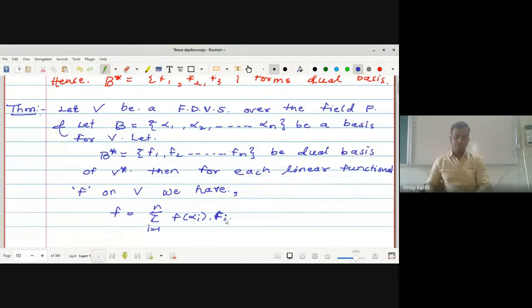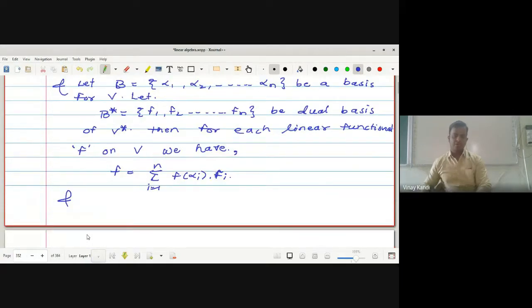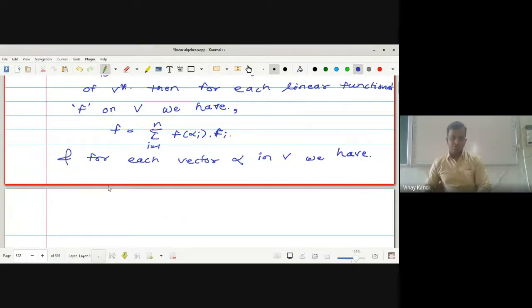Okay, and for each vector alpha in capital V, we have one more statement we have to prove.